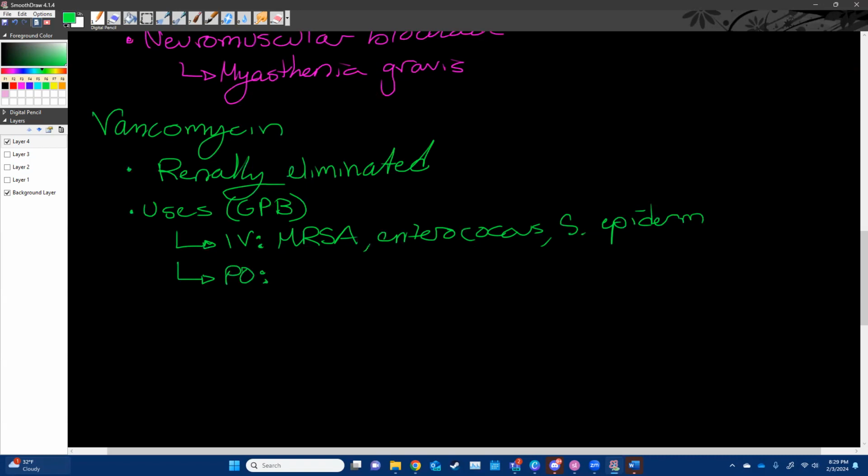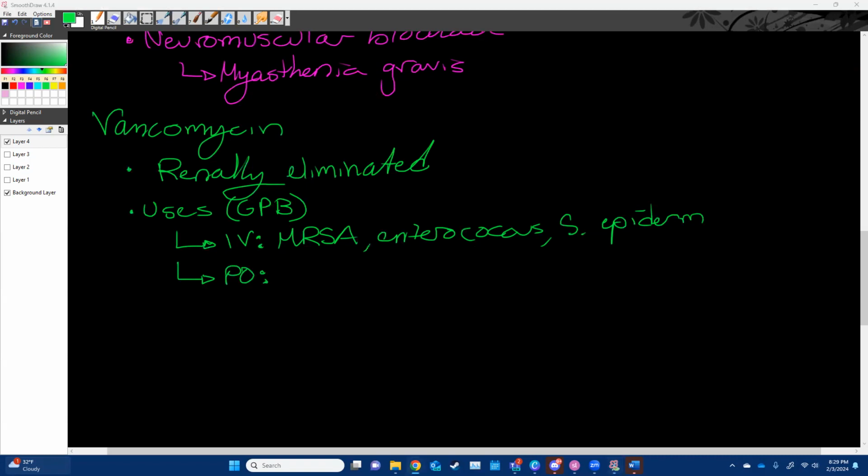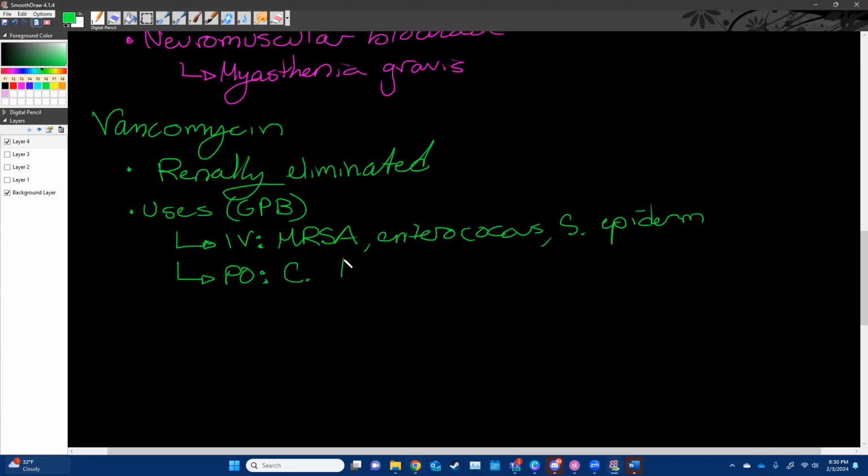What do we use oral vancomycin for only? Good guess. C. diff. Does anybody know what the bioavailability of vancomycin is?